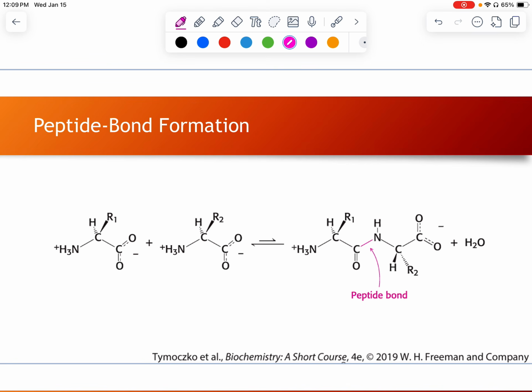Very briefly, at the end of the last video, we looked at a polypeptide sequence and we identified those peptide bonds, or they could be called amide bonds. Okay, and this is a condensation reaction.